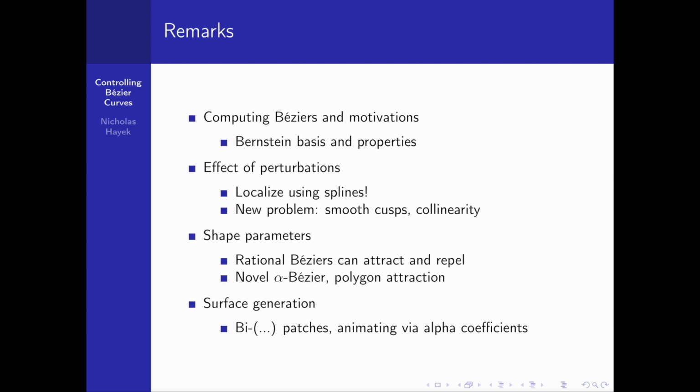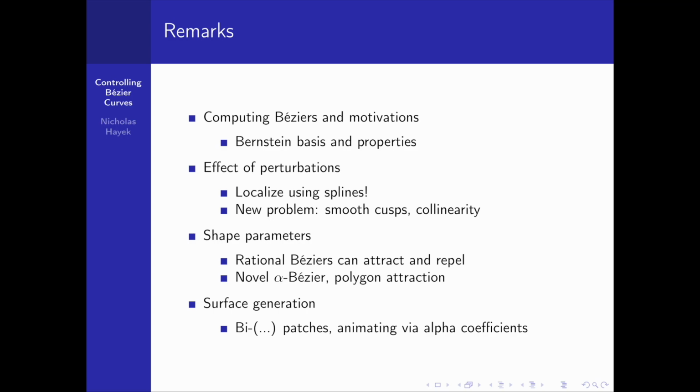So this has been my project. Over the last month or so, I've been investigating how Beziers are used and their design motivations, some of the mathematical background for them and the Bernstein bases. And I really narrowed into the topic of how we might want to control the local and global characteristics of Beziers. And we accomplished this through splines, and we deal with cusps, collinearity.